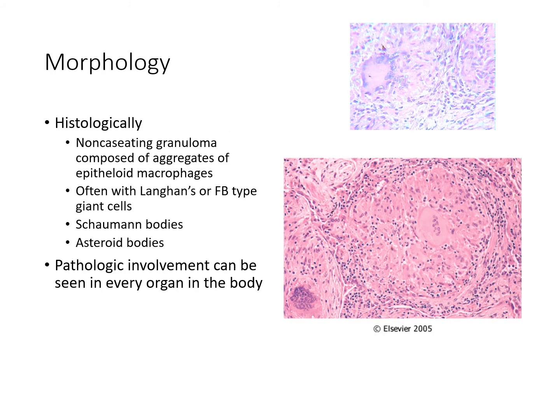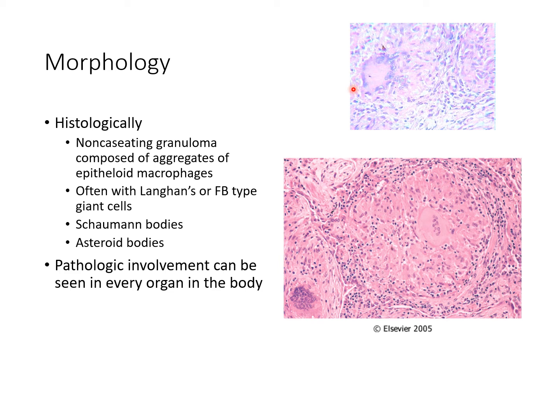The lung is the primary target organ for sarcoidosis. Granulomas are seen in the interstitium as well as mediastinal and hilar lymph nodes. Histologically, non-caseating granulomas composed of aggregates of epithelioid macrophages with Langhans or foreign body type giant cells and Schaumann bodies and asteroid bodies can be seen.